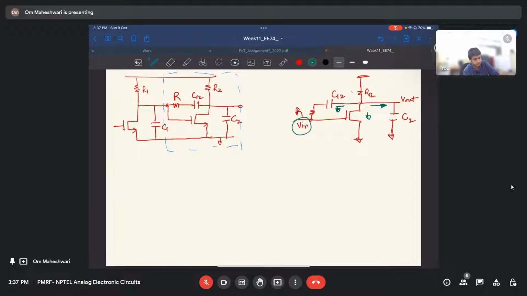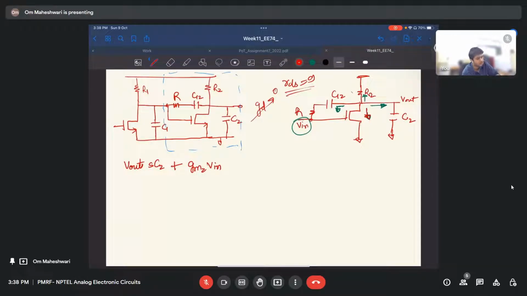So I will apply KCL at this node. First this current, V out SC2, plus this current GM2 times V in, let's say RDS equal to infinity, so we can ignore the GD term.